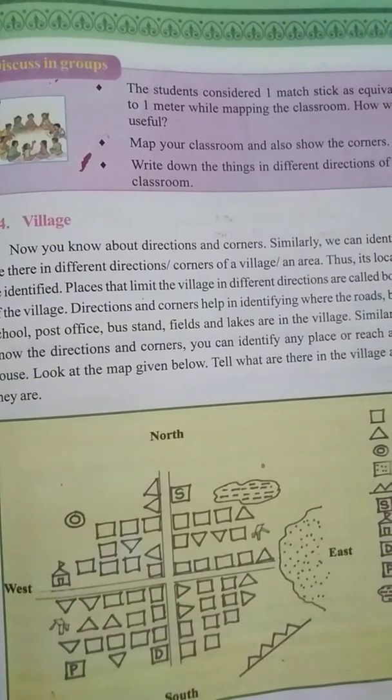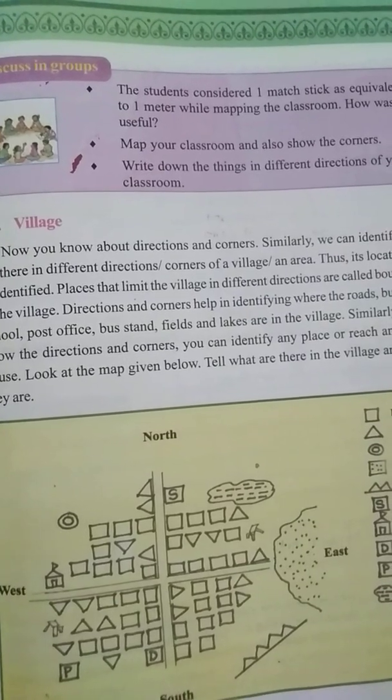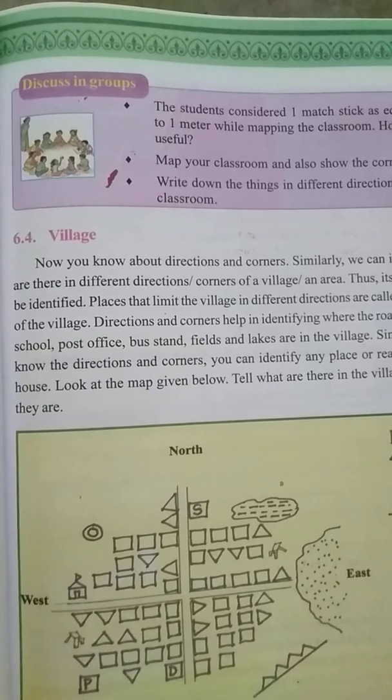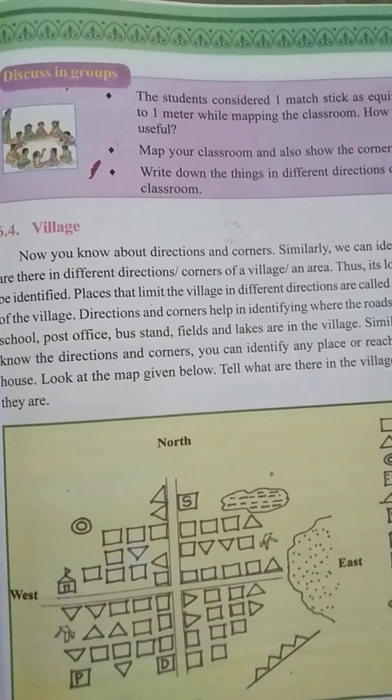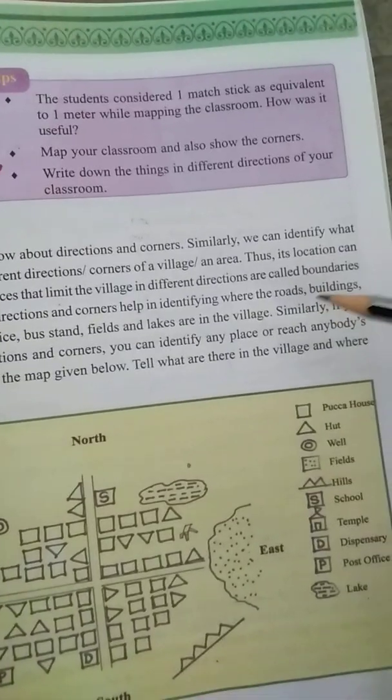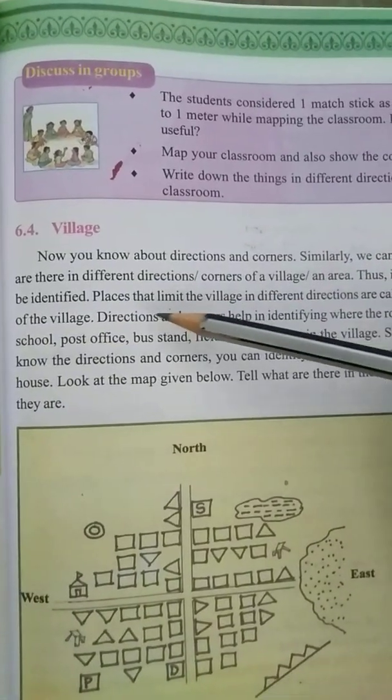After learning all these directions, now we can easily identify what different places are there in the village, in which directions, in which corners. Understood? Thus its location can be identified.